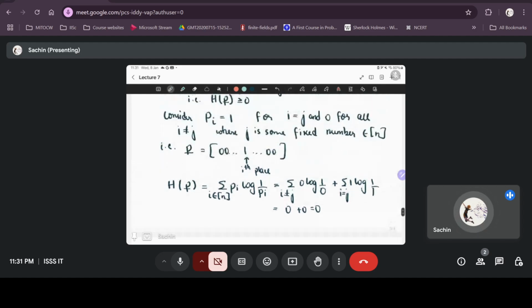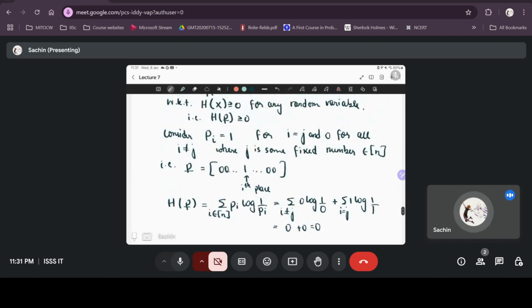So h of vector p is greater than or equal to 0, and we showed one particular vector for which h of vector p is equal to 0. So the minimum value is 0.